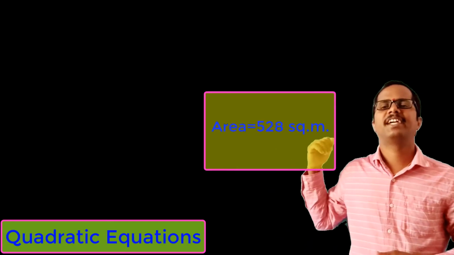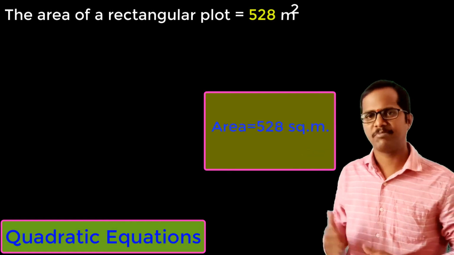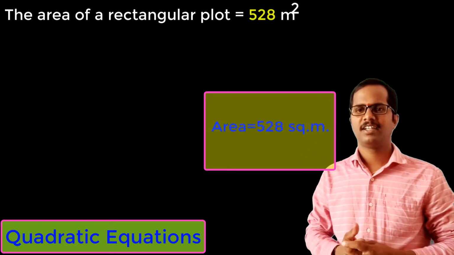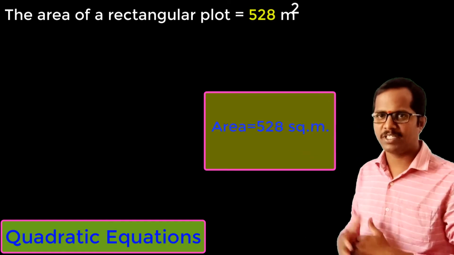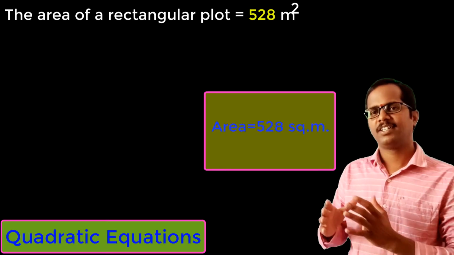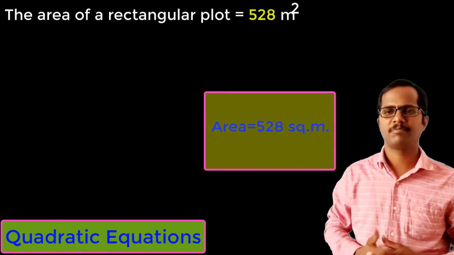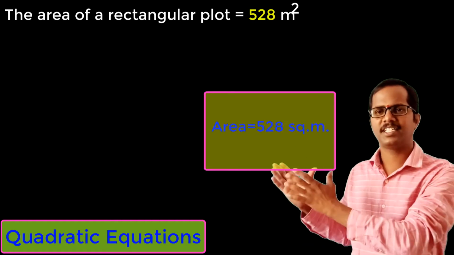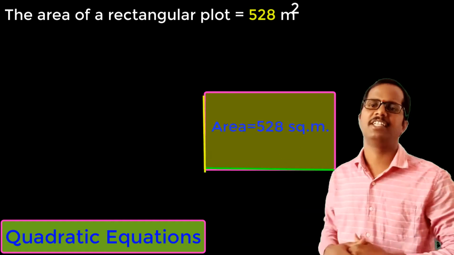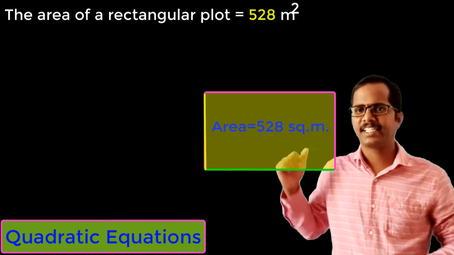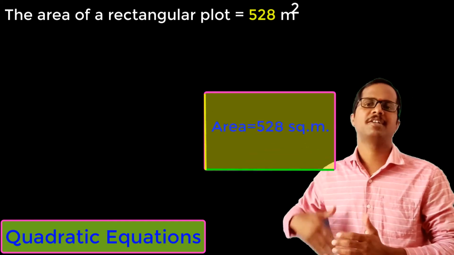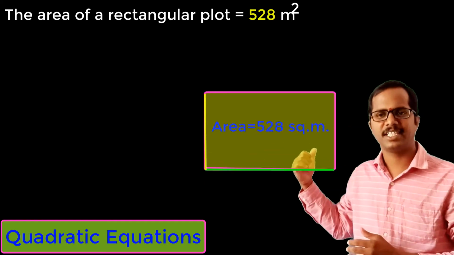So the area of the rectangular plot is 528 meters square, and one more piece of information we have is the relationship between the length and the width of this rectangular plot. What is the relationship that length and width have here? The length of the rectangular plot is 1 meter more than twice its width.